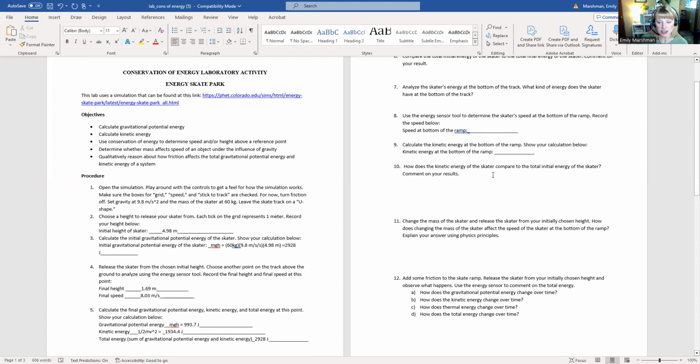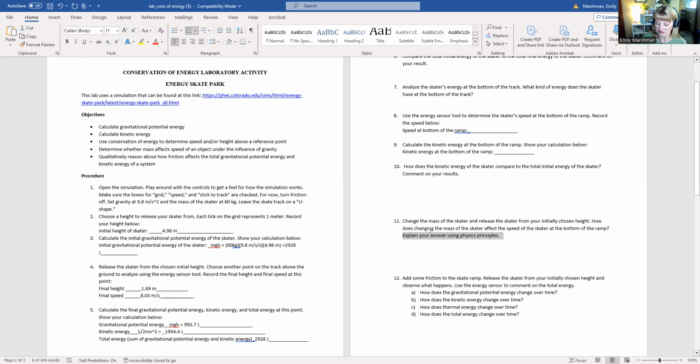Play around. There are a couple of other questions involving changing the mass of the skater. The question is, does the mass change the velocity of the skater at the bottom of the ramp? You should be able to run the simulation, make a prediction. Does the mass change anything? Then make a prediction about what you think will happen, and then run the simulation with a different mass.